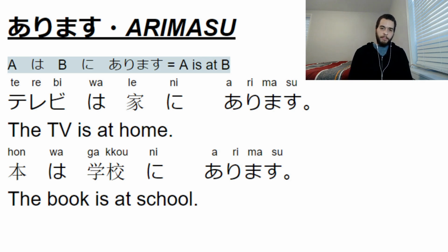The TV is at home. 本は学校にあります. 本 book 学校 school に at あります have. Book school at have. 本は学校にあります. The book is at school.